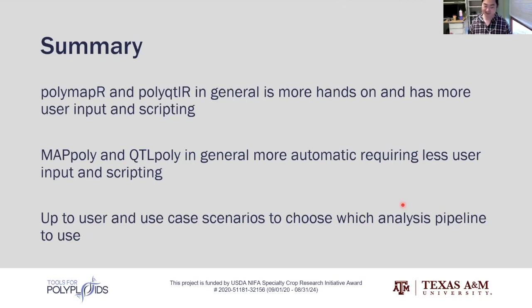Or you could be like me in my PhD work, where I mixed and matched. And it is nice that they can go back and forth, because there are functions in each one that the others don't have, so you can input a map made in one pipeline and look at figures made in the other, and vice versa.